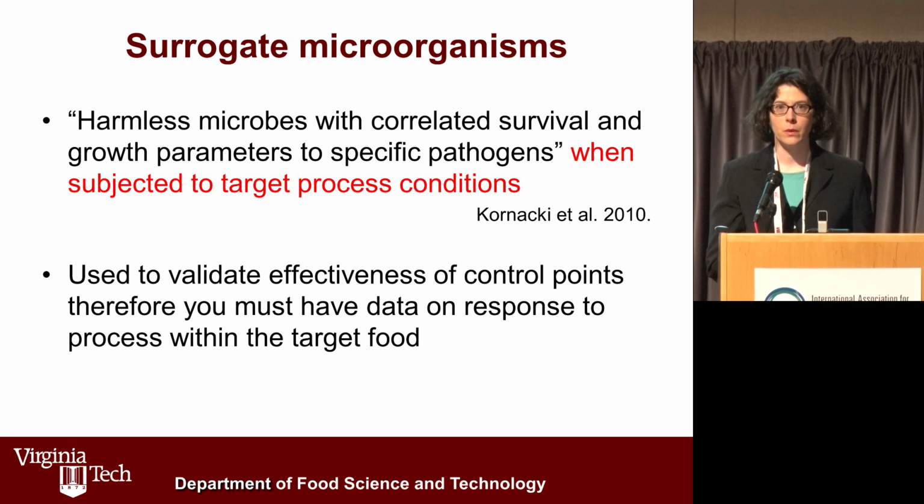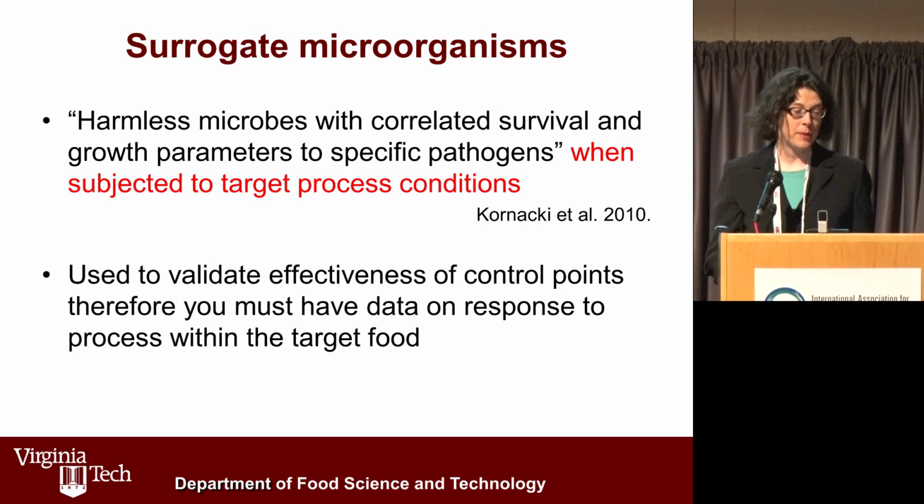Not all microorganisms respond to all conditions identically. That's earth-shattering news, isn't it? No, we've known this for a long time now. So I'd like to make sure that we all leave this room understanding the importance of knowing that these surrogate organisms behave similarly to the target pathogen that you're trying to inactivate.